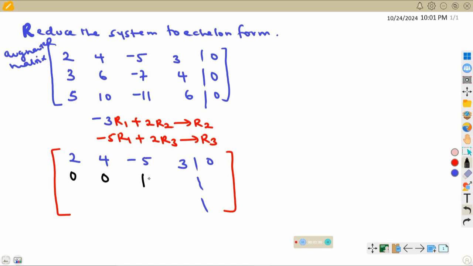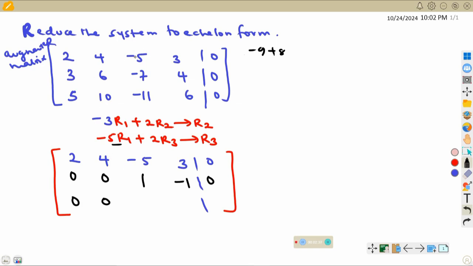Then next, -9 plus 8 will give us -1, and this will remain 0. Then -10 plus 10 will also give us 0. Then -20 plus 2 times 10, that is +20, so -20 plus 20 will give us 0.